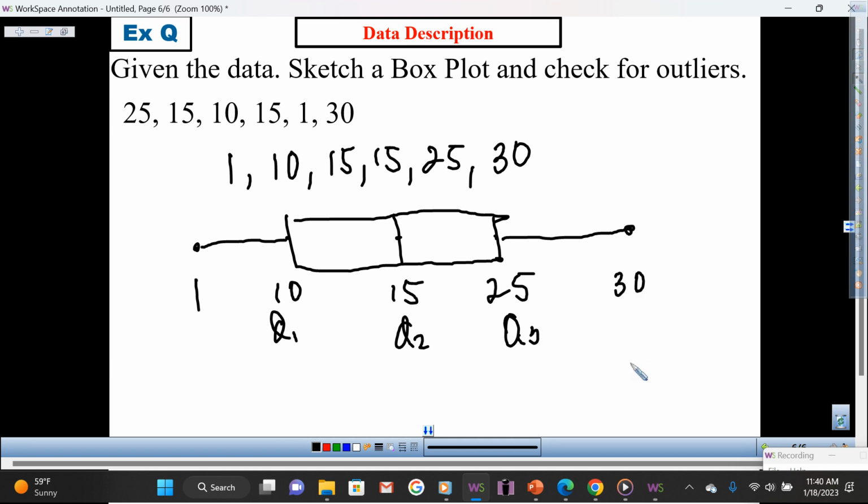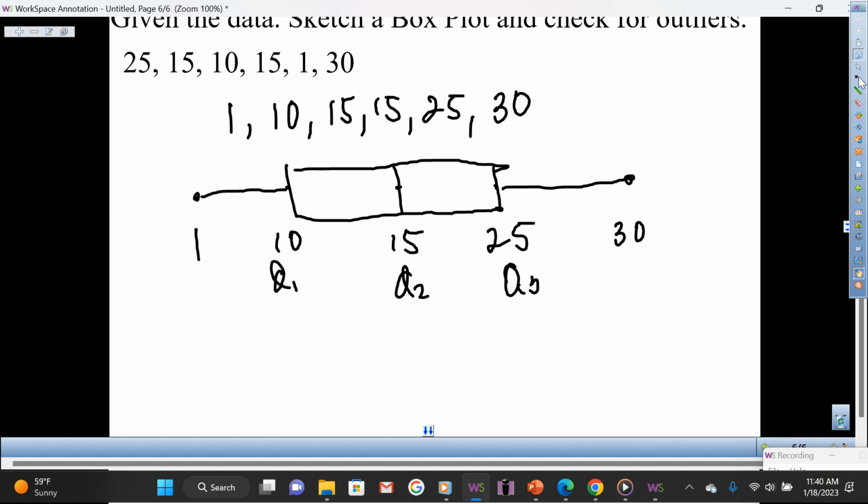All right. Next, we need to check for outliers. Pass someone, Samuel. Matthew. Let's check for the smallest one. What do I write? Ten minus 1.5 times what? 15.